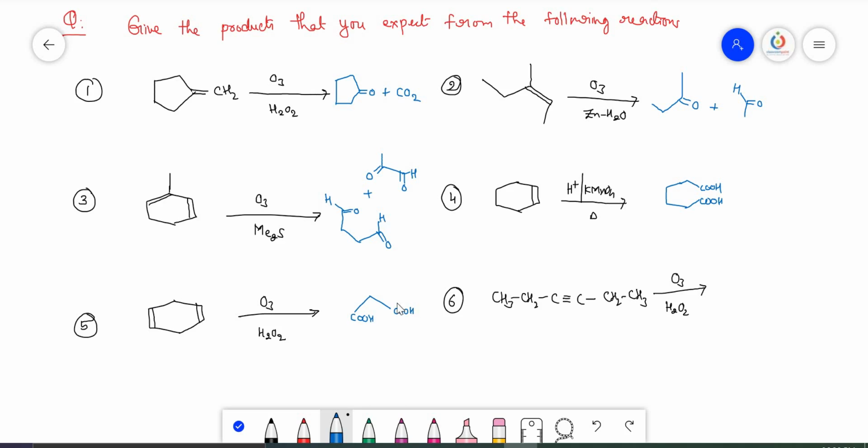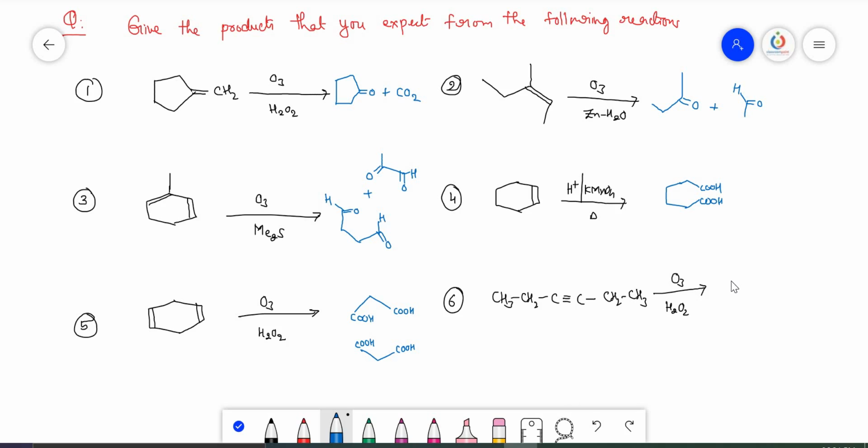One, two, three. Here also 1, 2, 3. So actually we expect the aldehyde, but the aldehyde is immediately converted to the carboxylic acid. H2O2 is there, so except for the zinc part, in the remaining cases ozonolysis gives the carboxylic acid.